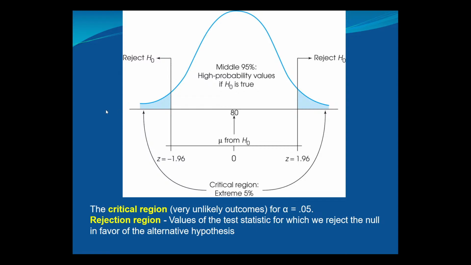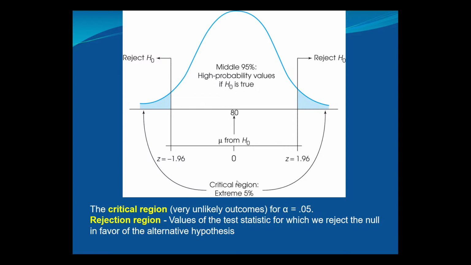The critical region varies from minus 1.96 to plus 1.96, and if the mean is located inside this region, we make our decision: we fail to reject the null hypothesis.